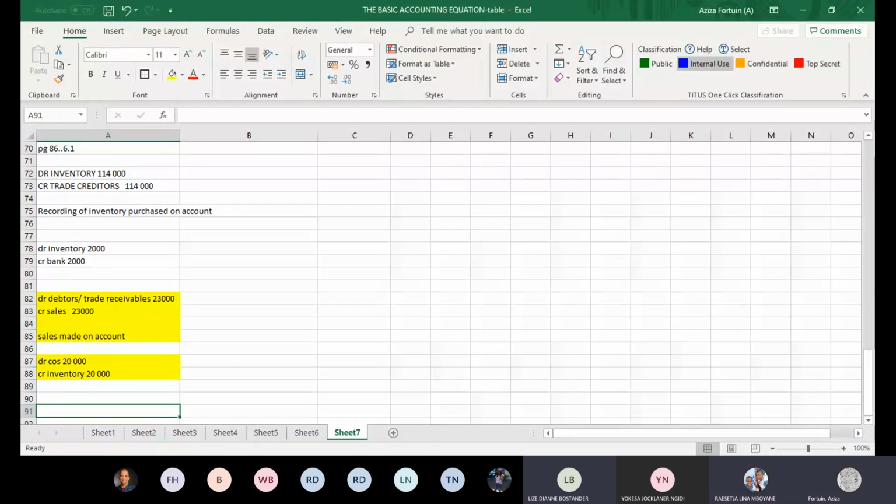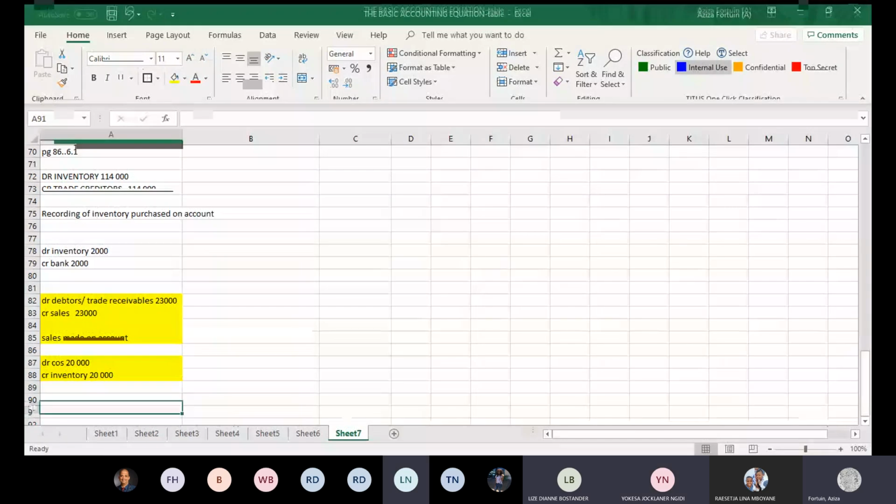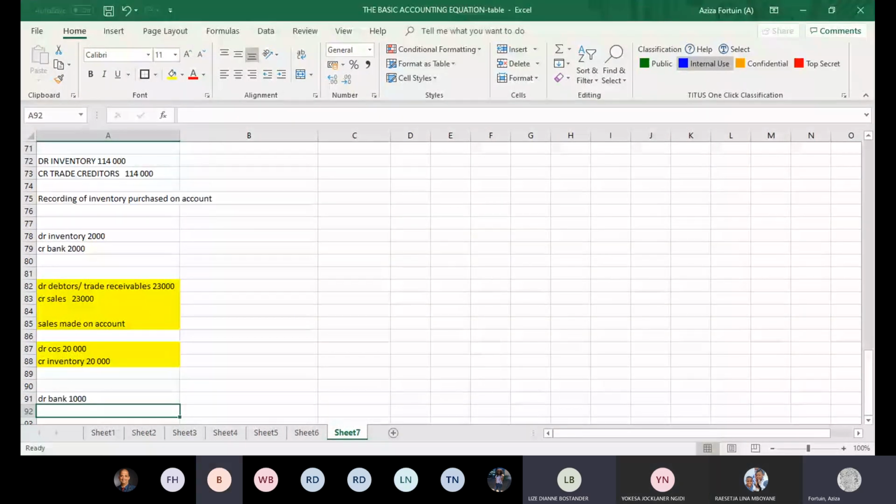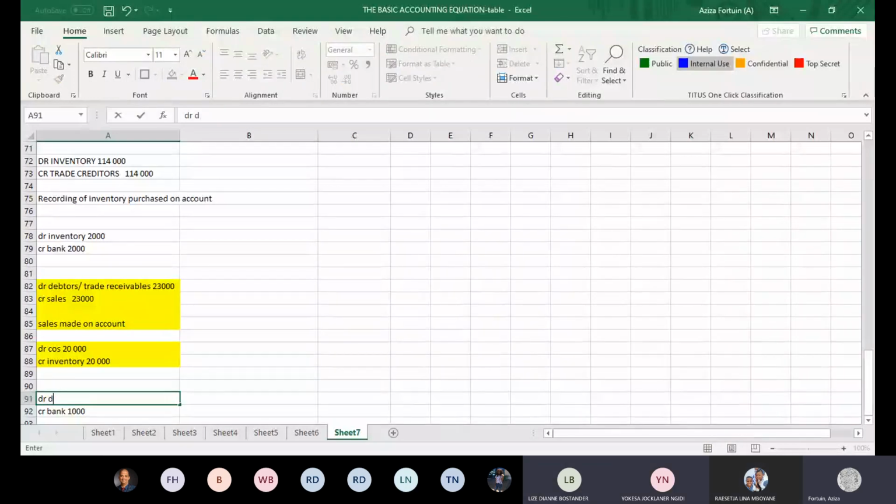We credit bank, and we debit the delivery of goods inventory.